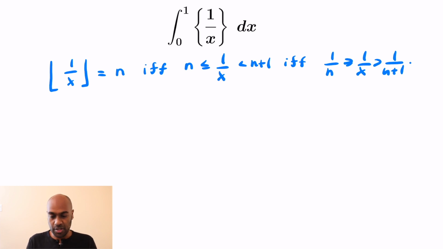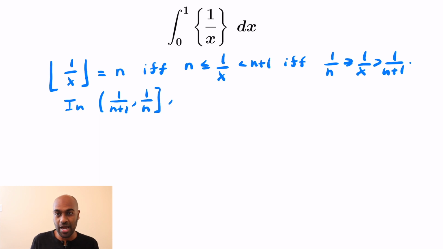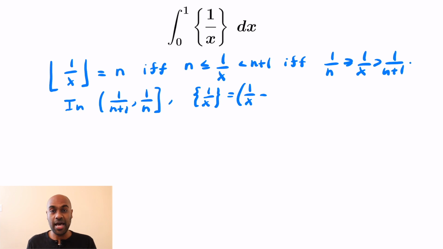This is the same as saying 1 over n is greater than or equal to x, and x is greater than 1 over n plus 1. So x has to be between 1 over n and 1 over n plus 1. It can equal 1 over n, but it can't be 1 over n plus 1 if we want the floor of 1 over x to be n.